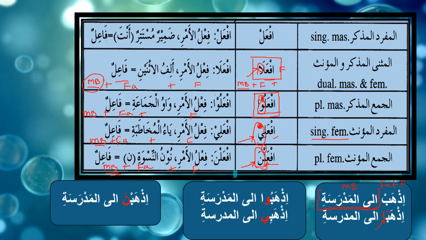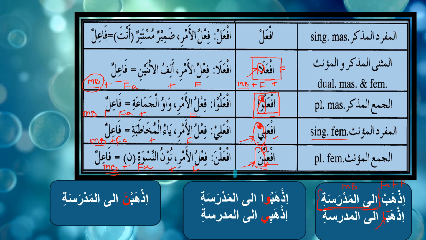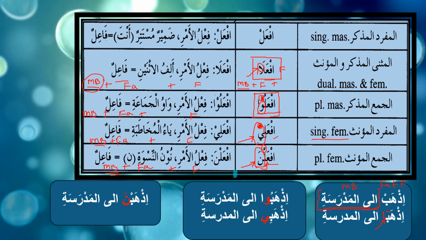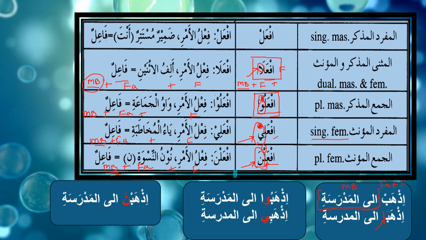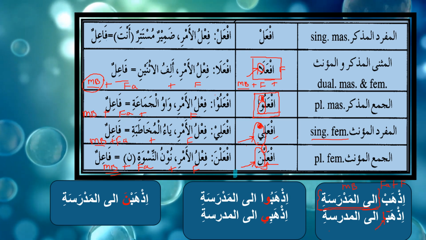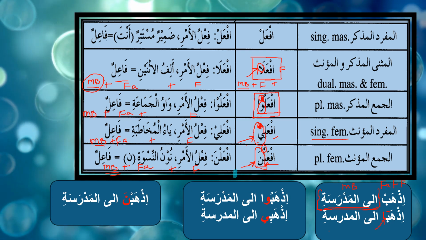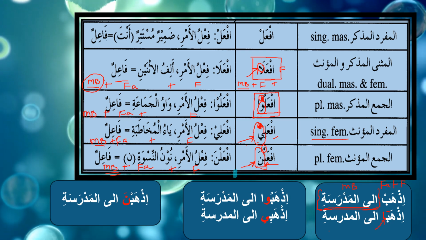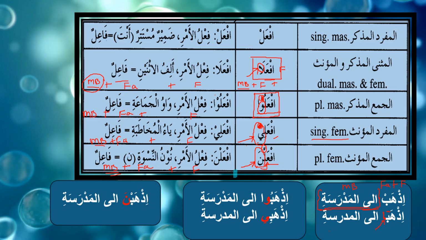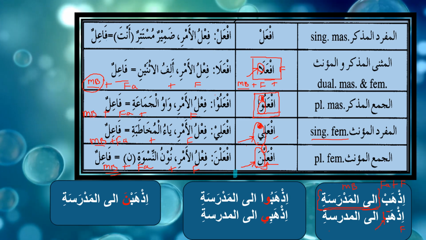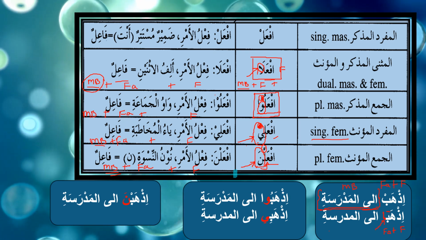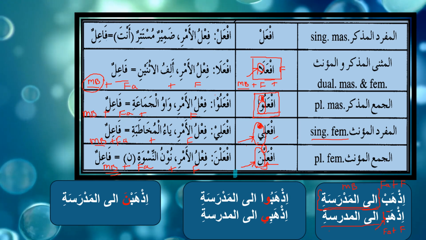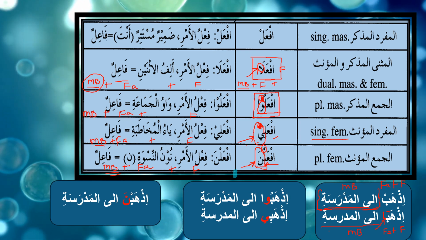Seeing the long vowel, alif al-muthanna, this damir tells you that the command is being given to two people in front of you. So I'm telling two people to go to the school. We have our fa'il idhab and the alif al-muthanna as fa'il, and the whole shibh jumla is in the position of maf'ulun bihi.